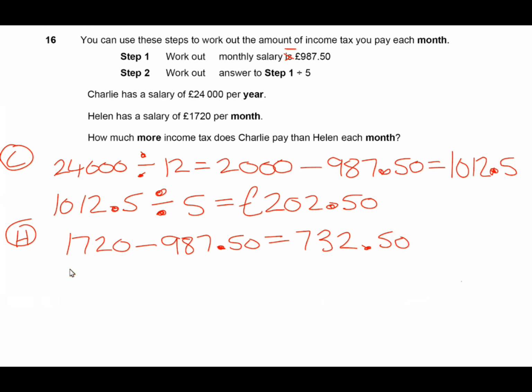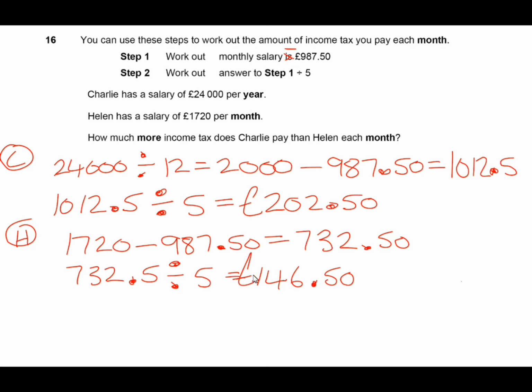And then we need to divide that by 5. To get £146.50. So that's how much income tax Helen pays.